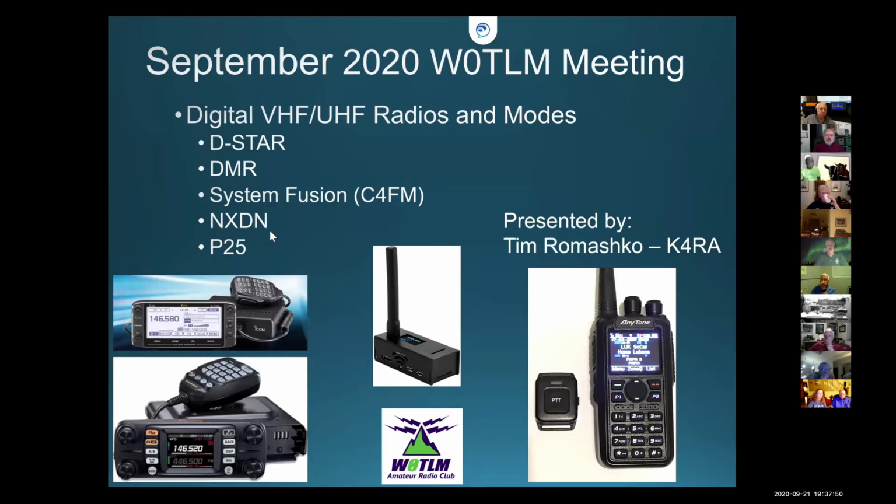Those things do work, and we'll talk when we get to the end about the mega sites that allow you to do cross mode communication. They do support those modes. So if you have one of those radios, they still work and can be used. But for tonight, we're going to stay to the big 3 of D-Star, DMR, and C4FM.